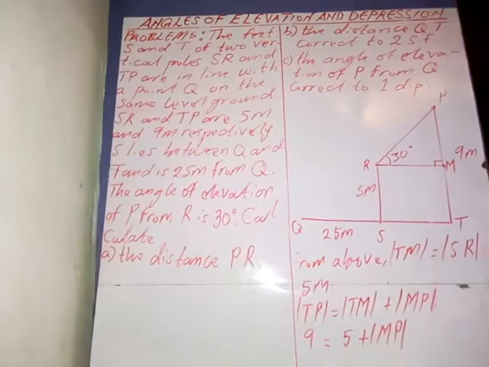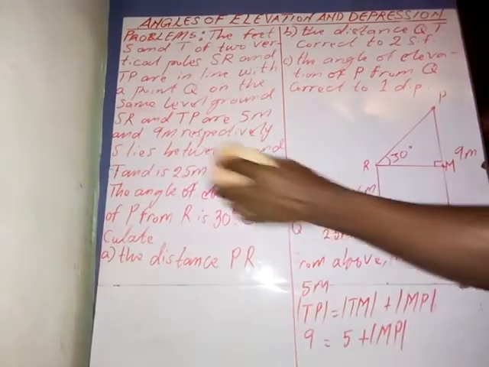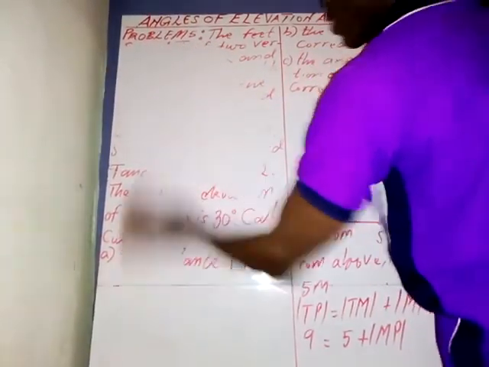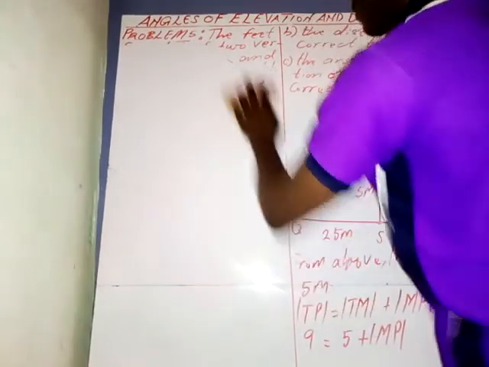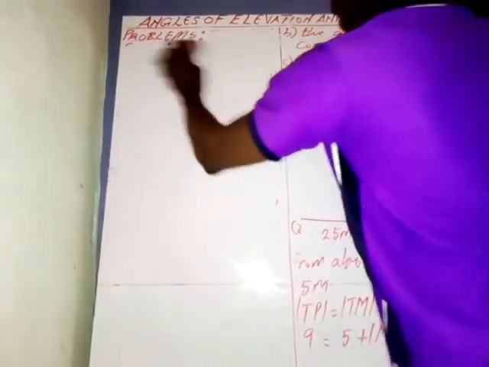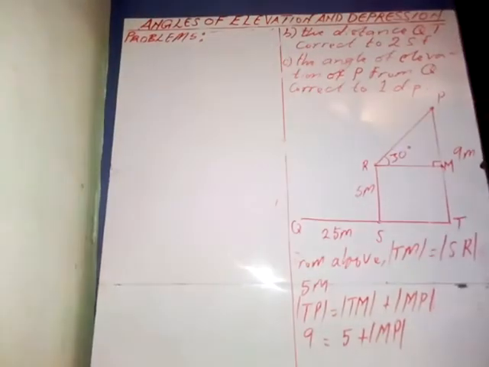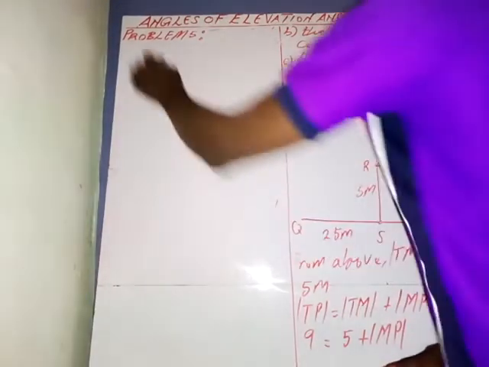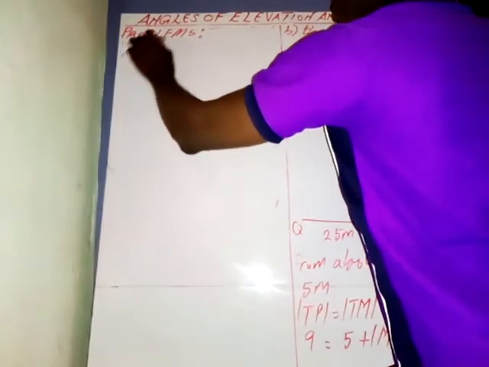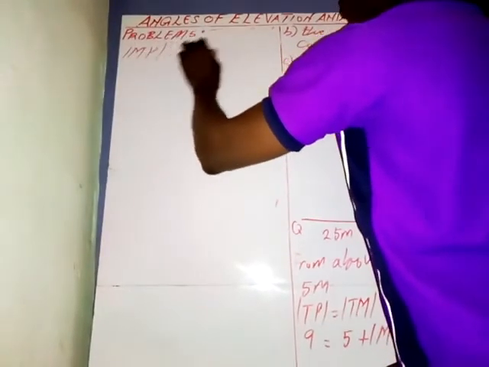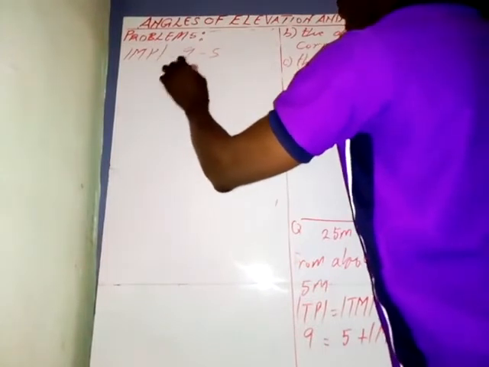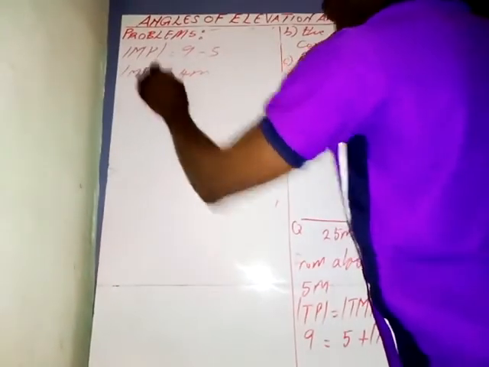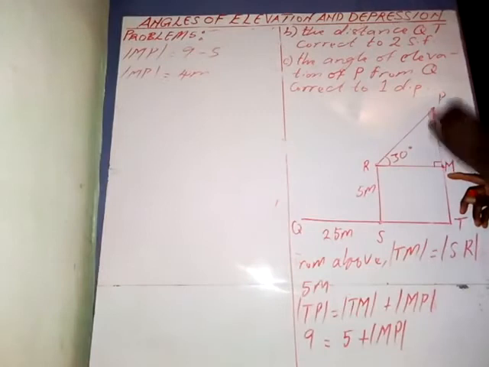Okay, so let me rub this off so that we can have enough space to solve the problem. All right, so for me to get MP, I will subtract 5 from 9, that is 9 minus 5, so MP is 4 meters. So the distance from here to here is 4 meters.